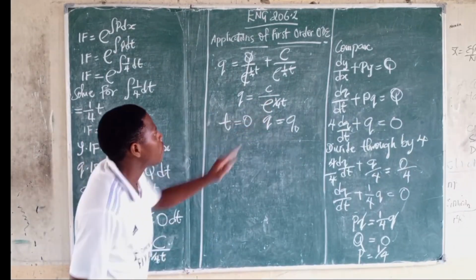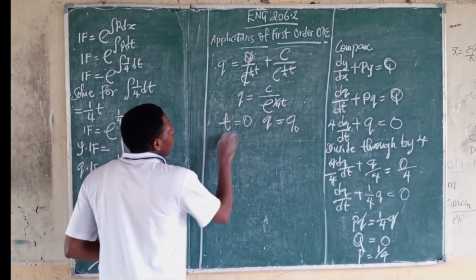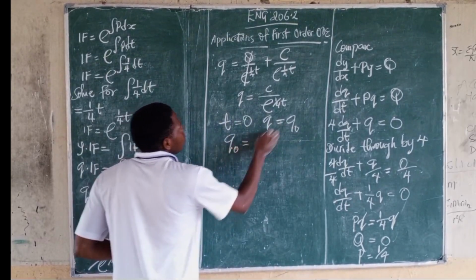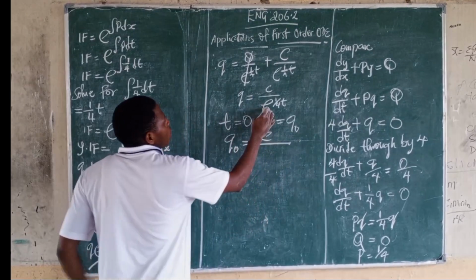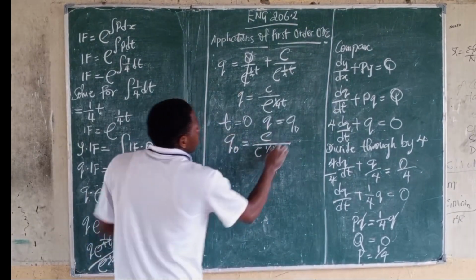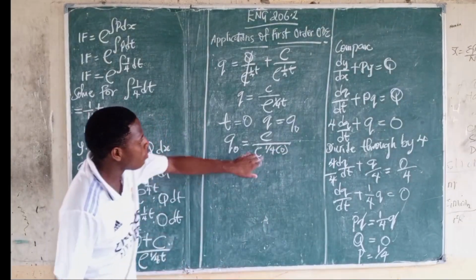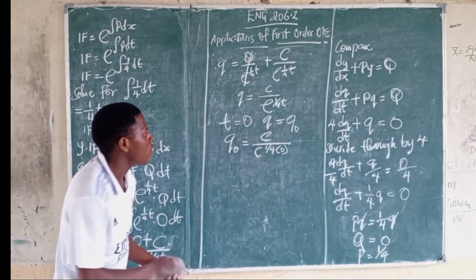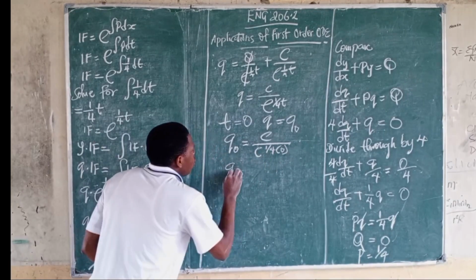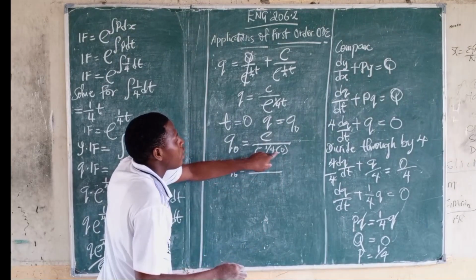Now, if you find what is c from what we have here, you know that our q is what? Q naught. So we have q initial is equal to c over what? What's your exponential? Exponential 1 over 4. What's our t? Bracket 0. Now, if you solve what you have at this top side, you simply have q initial is equal to c over what do we have here?